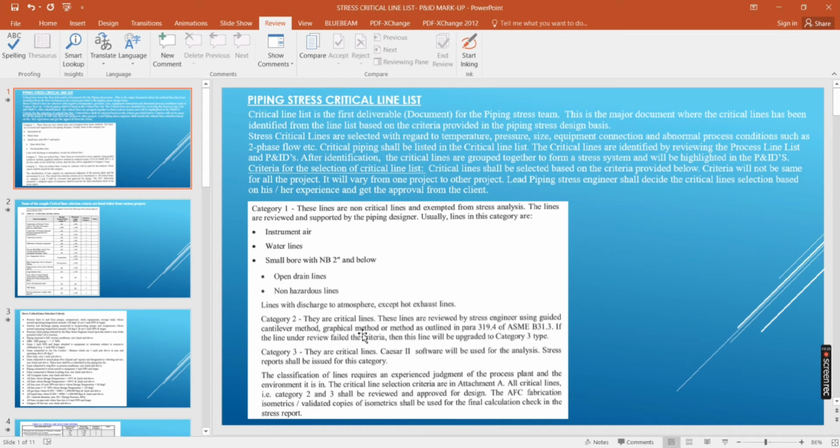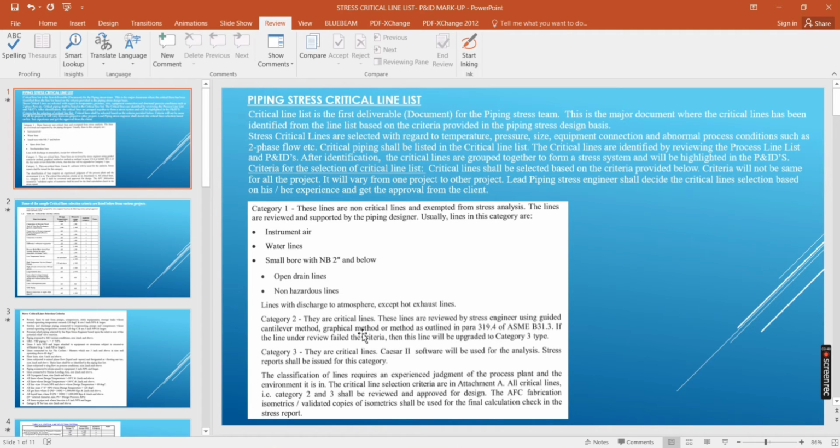We model the lines and do a preliminary analysis. We will not provide any report to the client, just for our internal purpose to design the civil and structural members and provide the piping loads to civil. So we do the analysis, but a formal stress report is not required in this category.